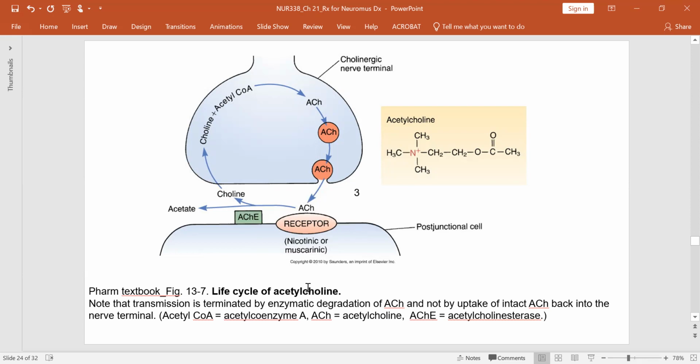So the depolarizing neuromuscular blocking agents, like succinylcholine or scoline. Succinylcholine will bind to the acetylcholine receptor, and the drug would produce a state of continuous depolarization to cause skeletal muscle paralysis. In other words, it will lead to complete relaxation of the muscle.